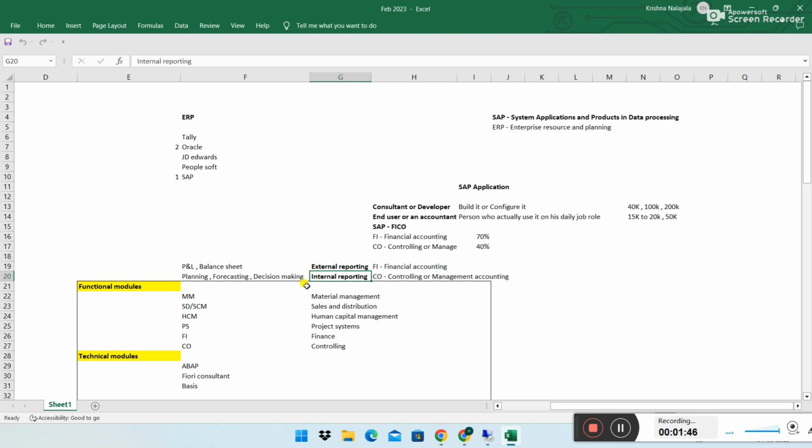CO module is for internal reporting purposes, which is nothing but planning, forecasting, decision making, right? So why did you guys forget the base of the course? What is the reason? Are you not going through the notes and not putting in interest? What is the problem? I told you many times, right?